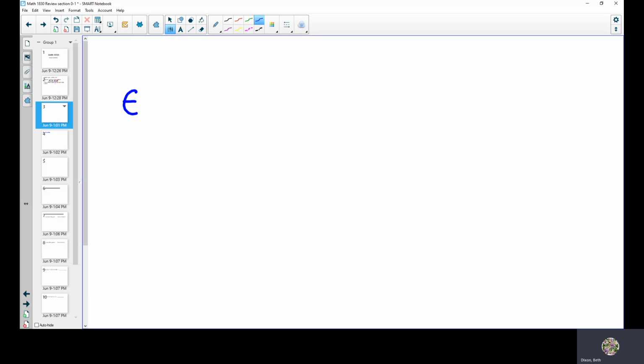When I draw it, it tends to look like a C with a line through it that makes it look like an E. And this means an element of. That's something that's a member of a set.